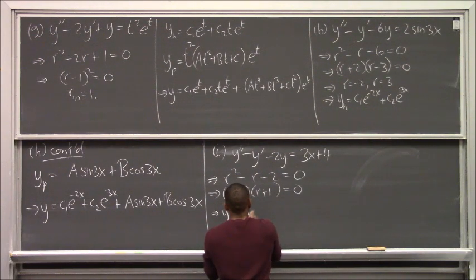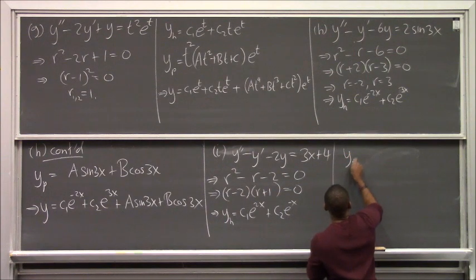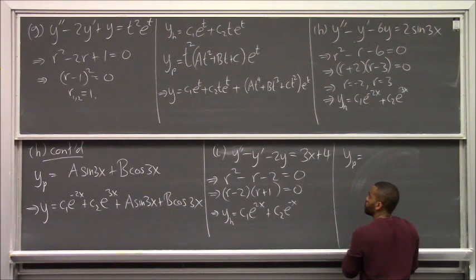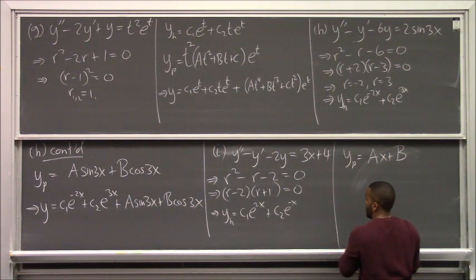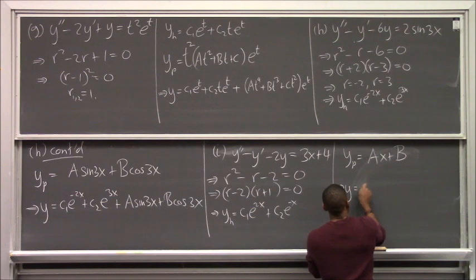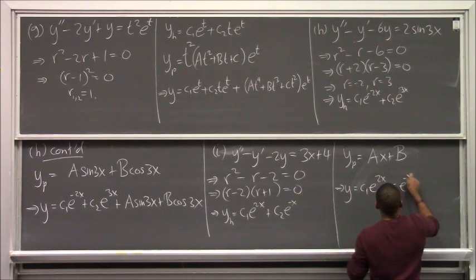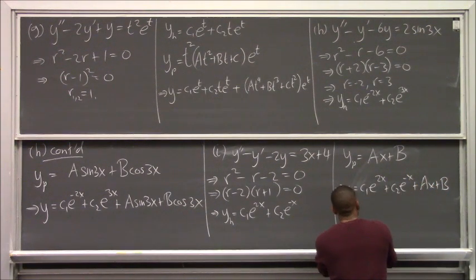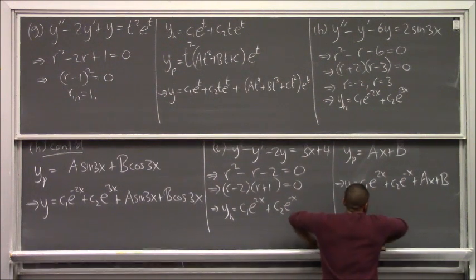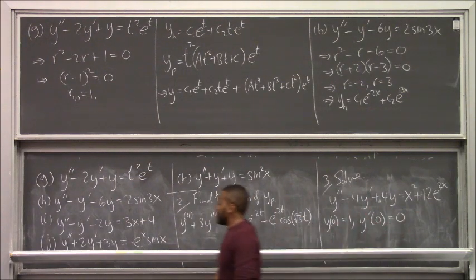So our homogeneous is C1 e to the 2x plus C2 e to the minus x. Our yp is Ax plus B. No overlap, and no overlap. So our general solution is that.